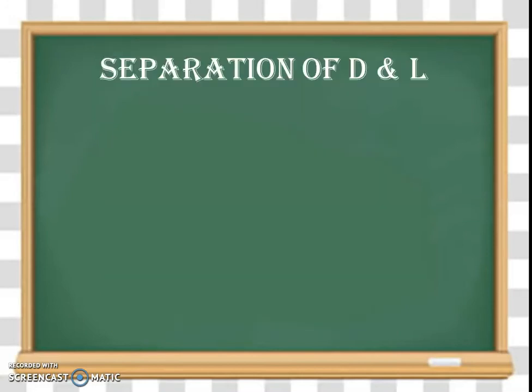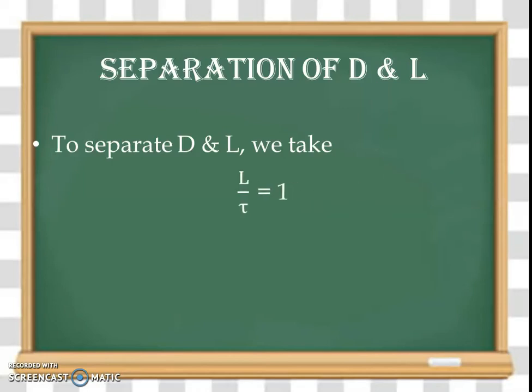Once D square L is known, then to obtain the main dimensions, that is to separate the values of D and L, we normally take the ratio of L by tau, where L is the stator core length and tau is the pole pitch.